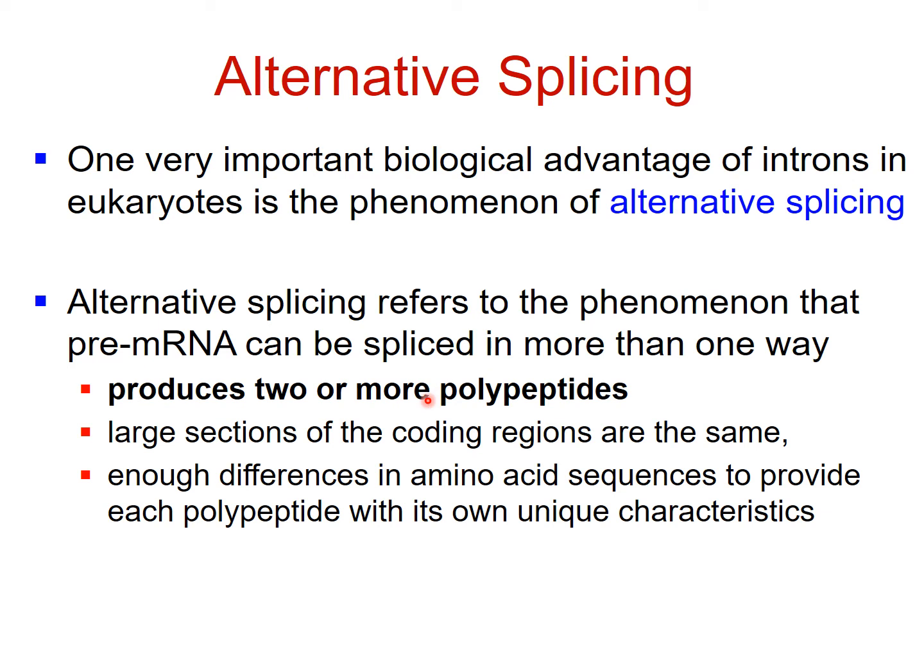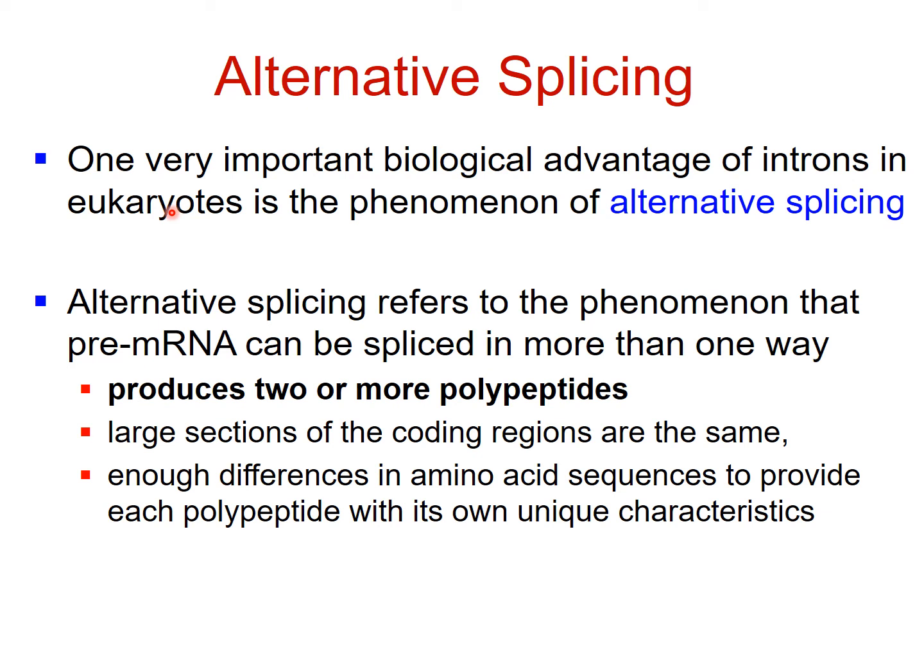So this is a topic having to do with intron splicing called alternative splicing. What can happen in alternative splicing is that you have multiple introns within a gene. Well, some of those introns get spliced out, others may get skipped over. You can get more than one protein coding message out of the same gene.